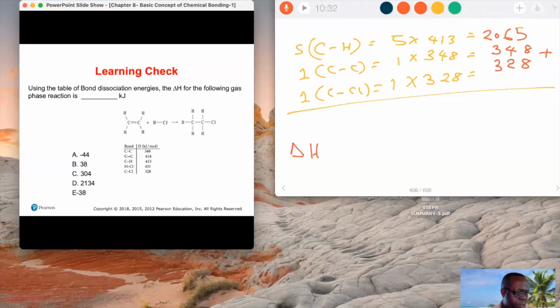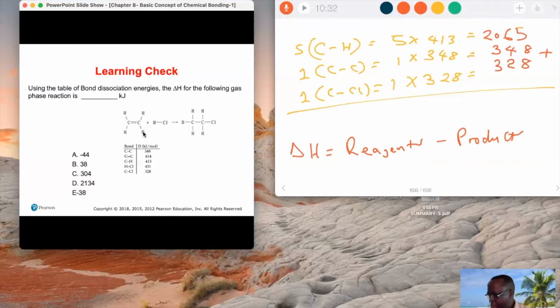It is given from reagents, all right, minus product. All right, minus product. So in other words, what is the value?